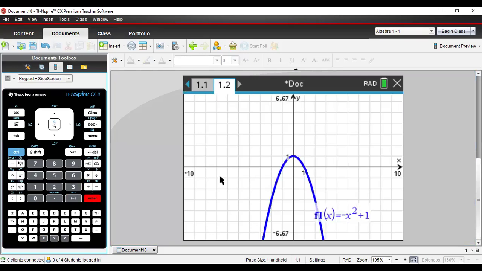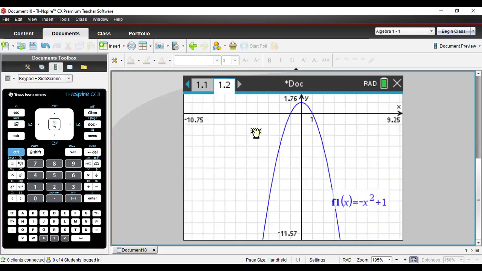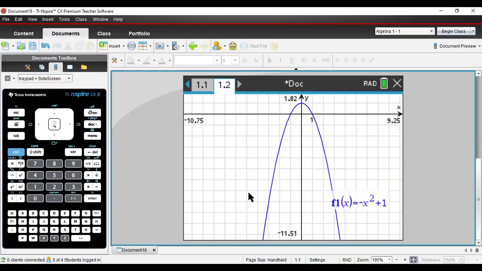It's going to be a quadratic. Now they want us to find the domain. So here's the idea. You see, even if I grab it and move the graph up, you can see that the graph is going off the screen. So that means it's going down to -infinity, right?